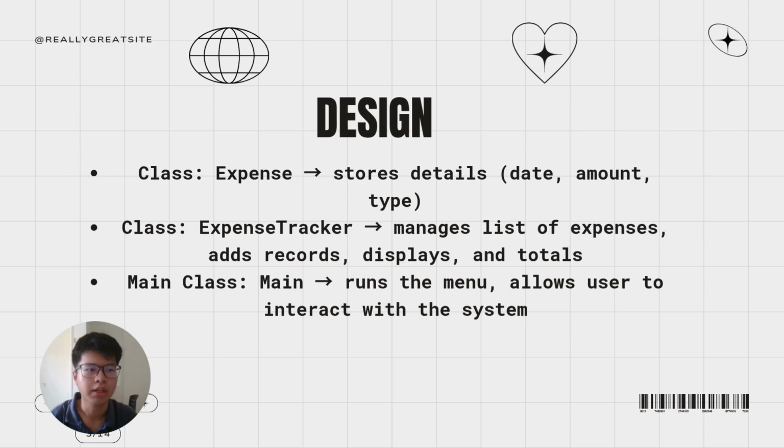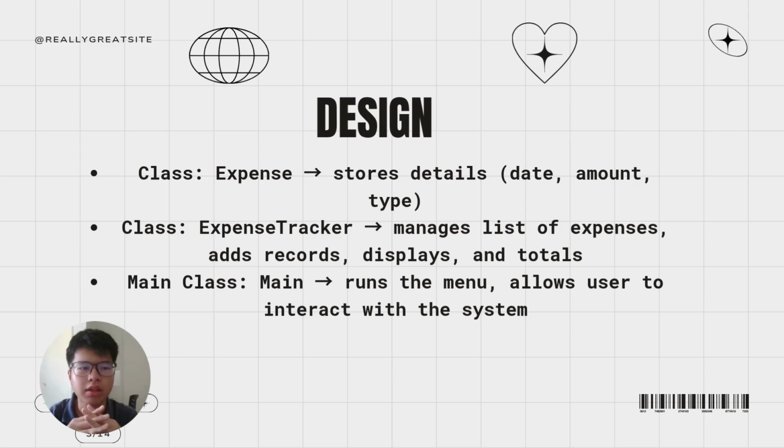Good morning, everyone. Now I will continue with my part. I'll be presenting about the design of our system and how we use classes such as Expense, subclass, and FoodExpense in our project. Our system follows the object-oriented programming concept, and it is designed using three main layers.